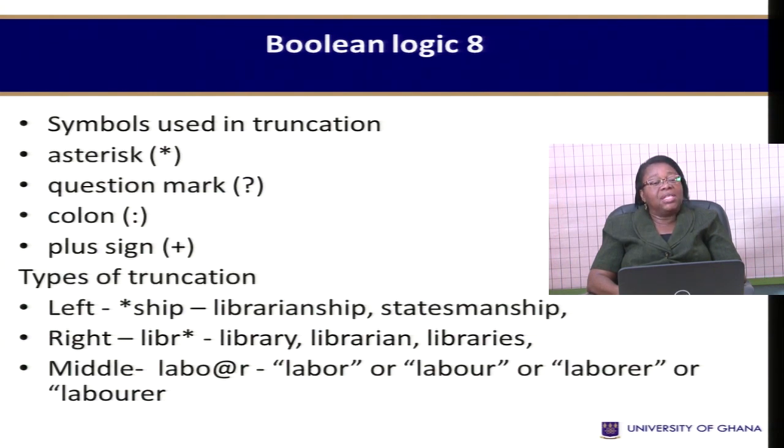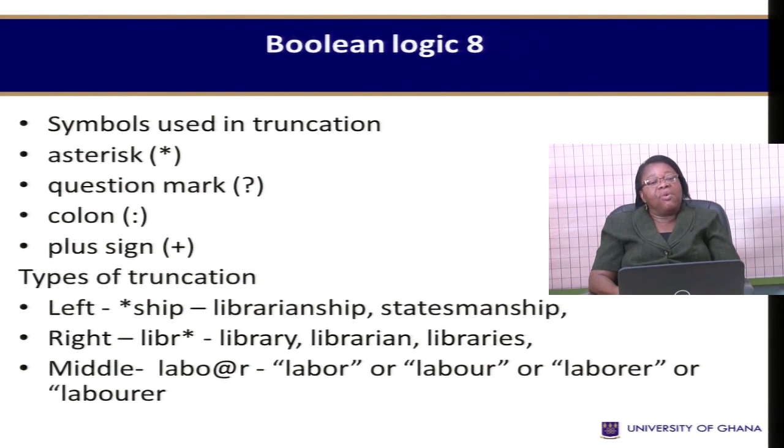If you have the right truncation, then the symbol is on the right, but the stem is on the left. So for instance, you have the term LIBR, and then you have your truncation symbol. The computer is going to generate words such as library, librarian, libraries, librarianship, because the stem is LIBR.